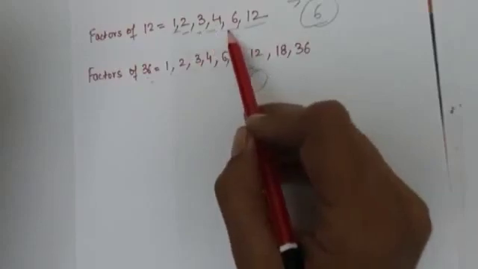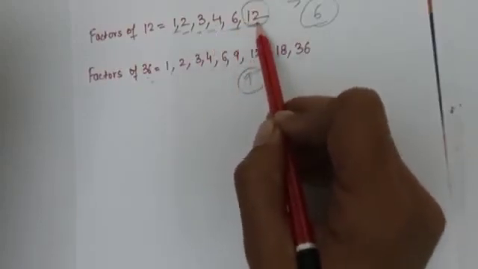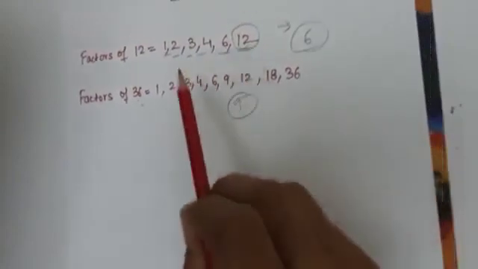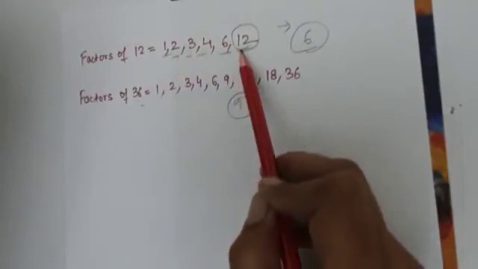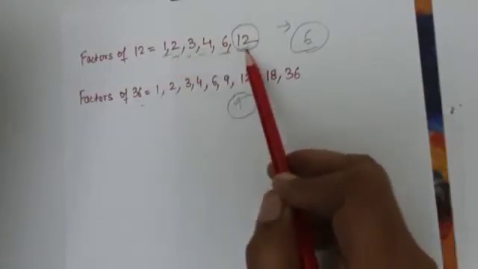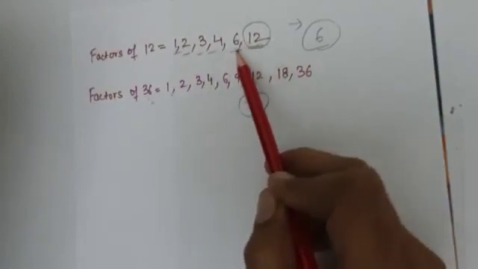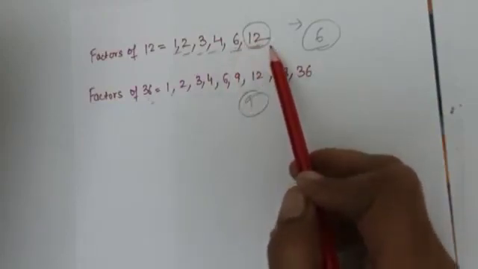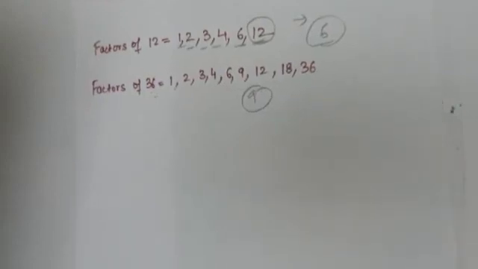Next is every factor of a number is less than the number. Yes, na? Here 1 is less than 12, 2 is less than 12, 3 is less than 12 and 4 is less than 12, 6 is also less than 12. So we can say that every factor of a number is less than the number. Clear?